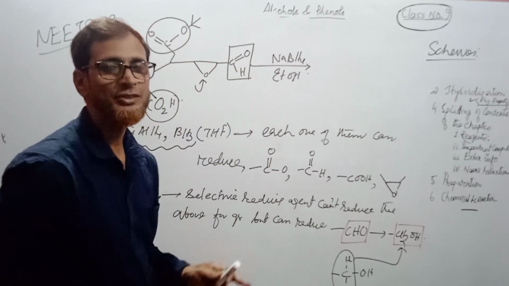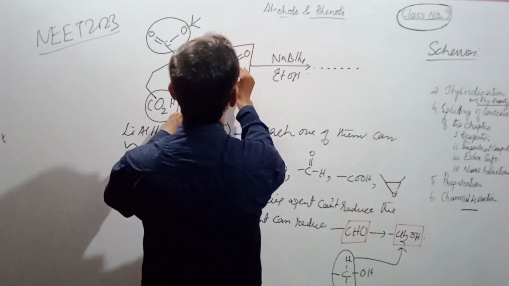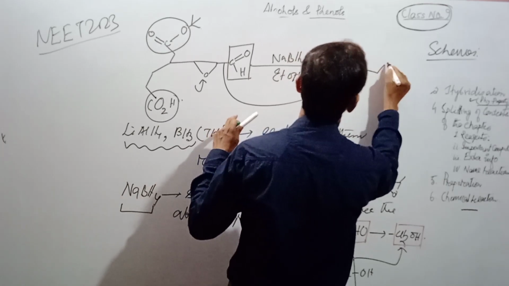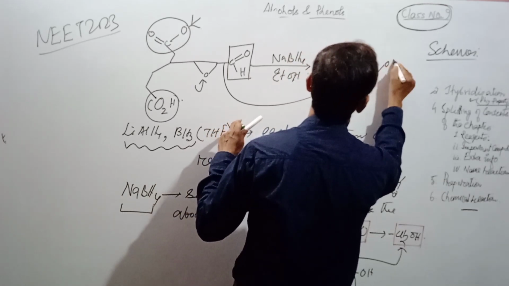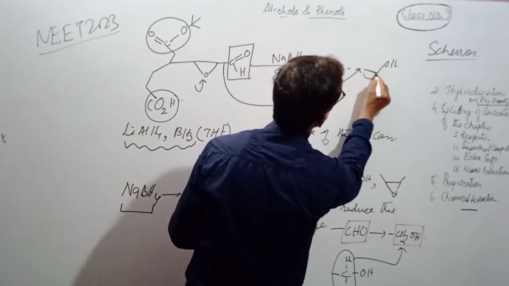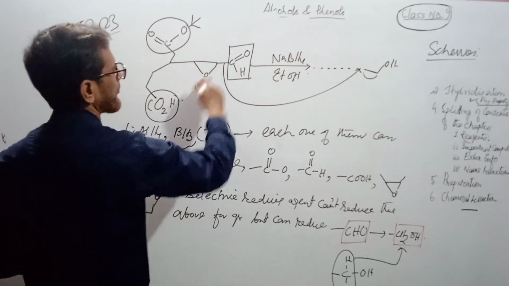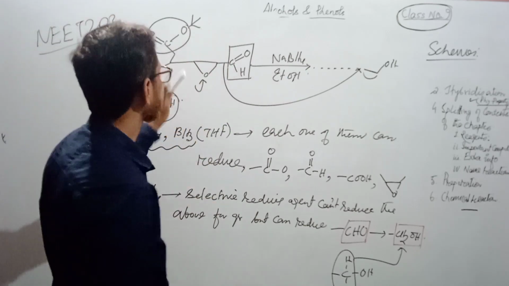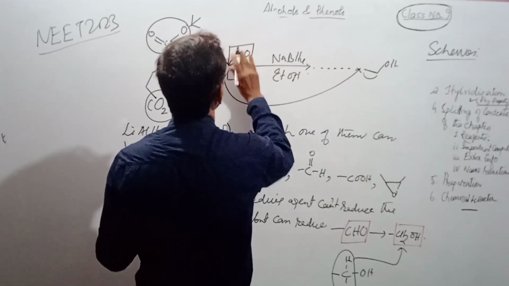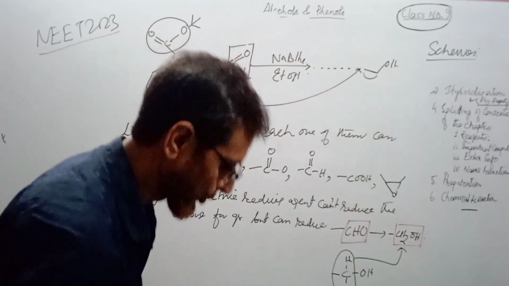These groups will remain untouched, as it has no ability to reduce them. So all the structure will remain the same, and only this part will become CH2OH. This line indicates CH2OH. For the sake of time I am not showing the whole structure. This is the implication of sodium borohydride.